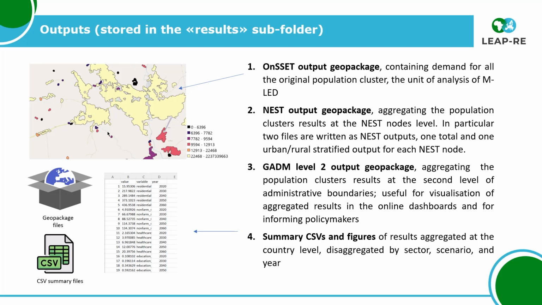So it contains all the original population clusters with a lot of additional fields, each reporting statistics calculated by the model. So the local electricity demand in the different sectors, in the different years, in the different months of the year, as well as additional computed variables as part of the model analysis. But then results are also summarized at the national level.